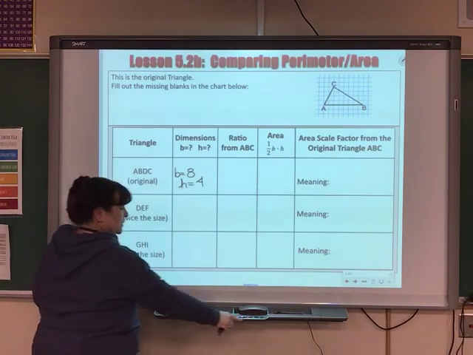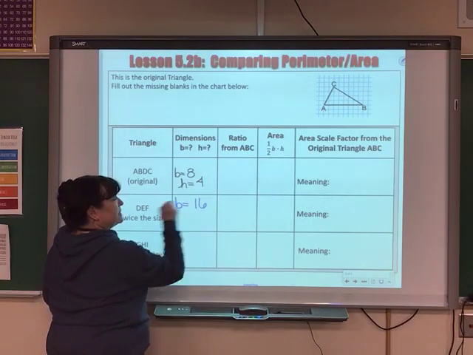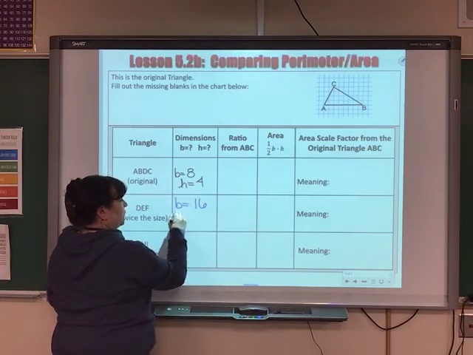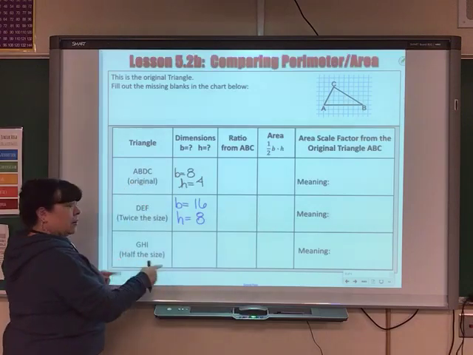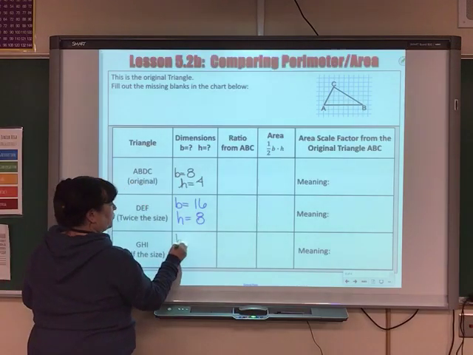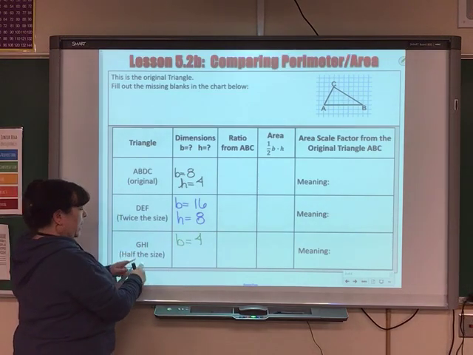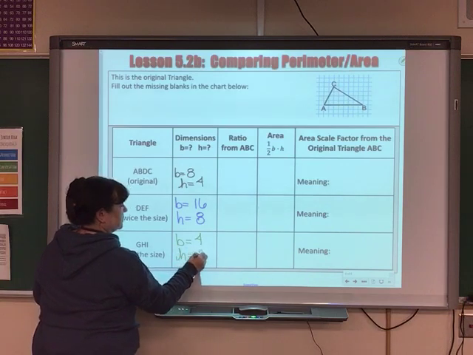In ours that was twice the size, across the bottom we drew 16 squares, and going up the height we discovered was 8. On our half the size one, we drew a base that was 4 squares, and we saw that going up the height was 2.